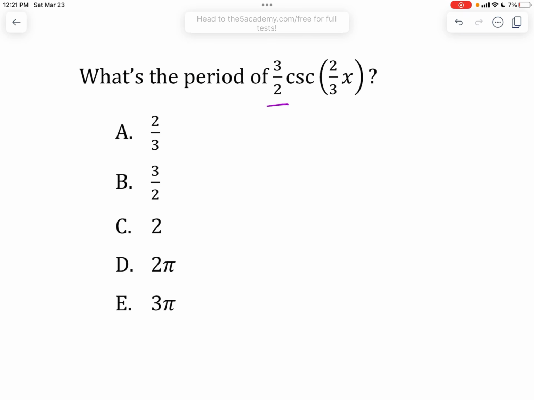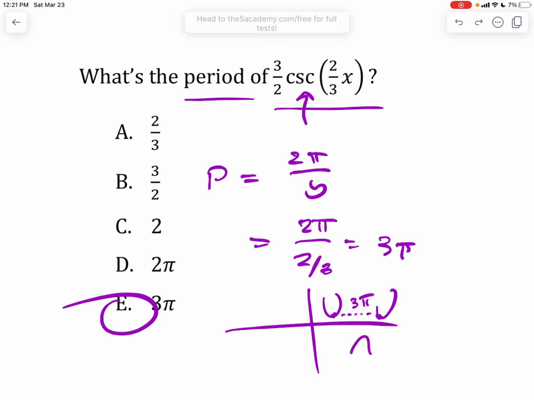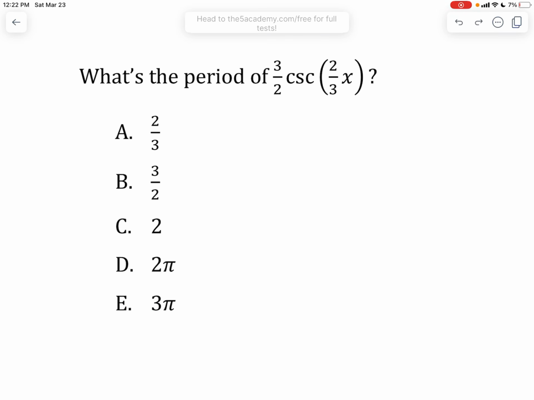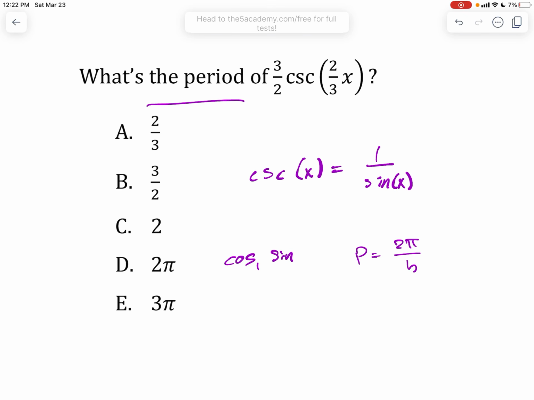3 over 2 times cosecant of 2 over 3x. All right, so what's the period of 3 over 2 times cosecant of 2 over 3x? So what is actually happening here? What is cosecant? Cosecant of x, for example, is equal to 1 over sine of x. We know that for functions like cosine and sine, the period is equal to 2 pi over b, where b is your value in front of the x.